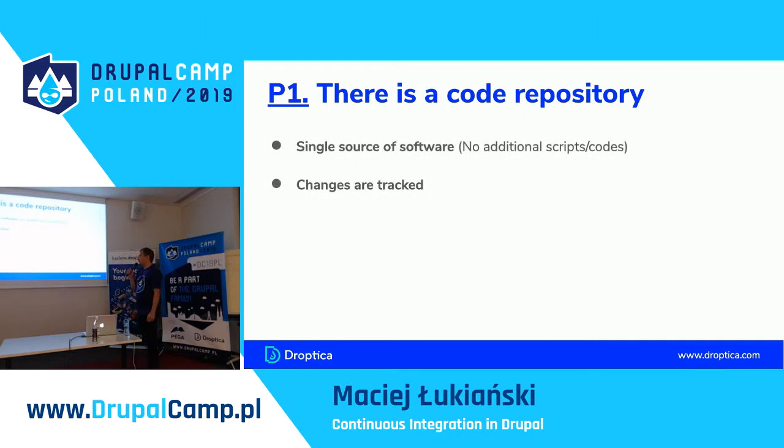Is there anyone who doesn't use Git or SVN or some sort of code repository? I think this is a de facto standard now, but this is the first principle. And the most important thing, which is sometimes still neglected, is that it is the single source of software.